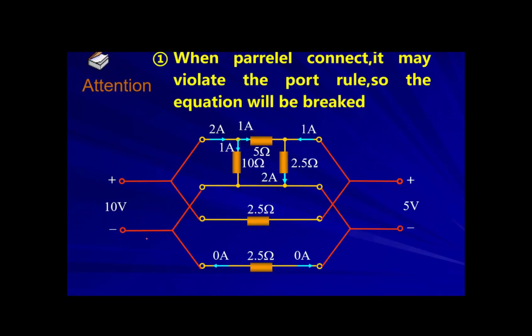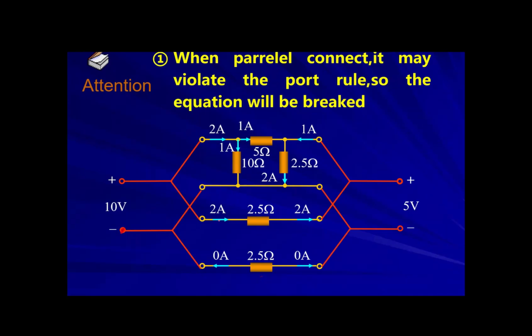This will be 0 because this point short connect with this point. So it will be 0. This will be 2 ampere because this terminal short connect, but this terminal 10, this 5 connect together by the 2.1, 2.5 ohm. So this will be 2 ampere. This is 2 ampere.